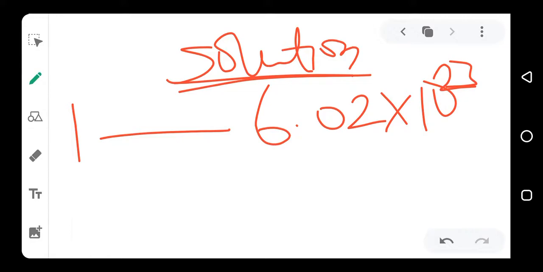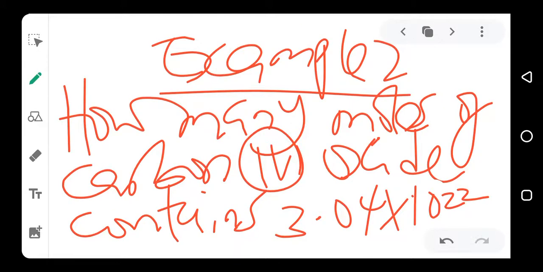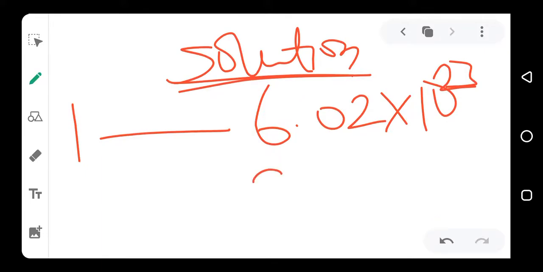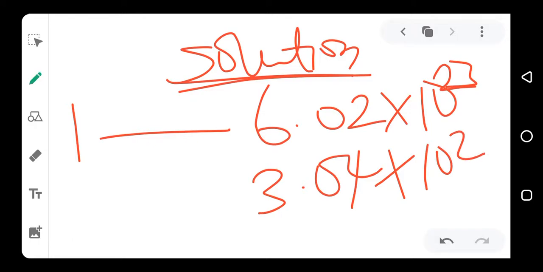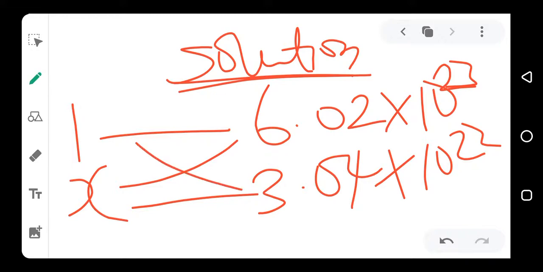Therefore, we take the number of particles given to us and put it where it's supposed to be: 3.04 times 10 raised to power 22. Then under the mole, we are looking for the mole. We don't know it, so we do our cross multiplication again.